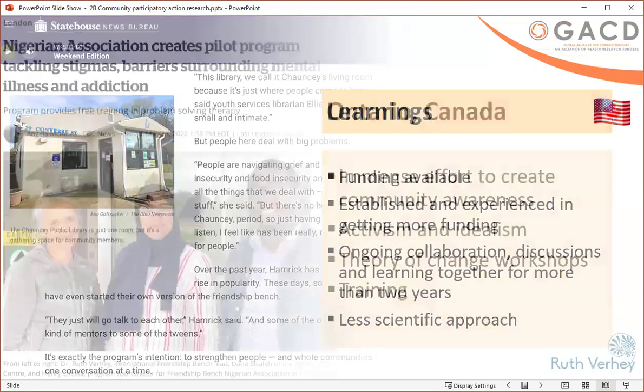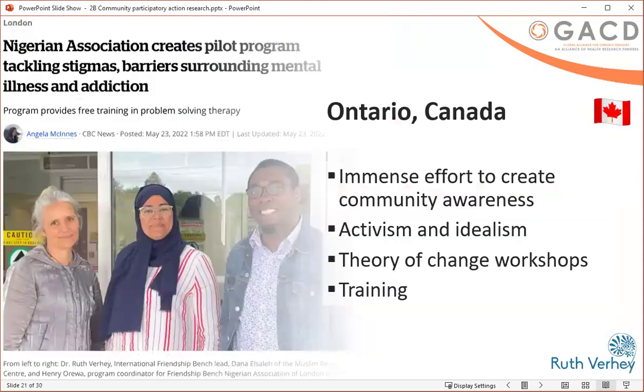Then I worked with a group in London, Ontario, in Canada, to help racialized minorities receive support through a similar Friendship Bench approach by peers. The very enthusiastic and idealistic people there made an immense effort to create community awareness. It was really amazing. We did lots of theory of change workshops with different groups, and we ended up doing a training as well.